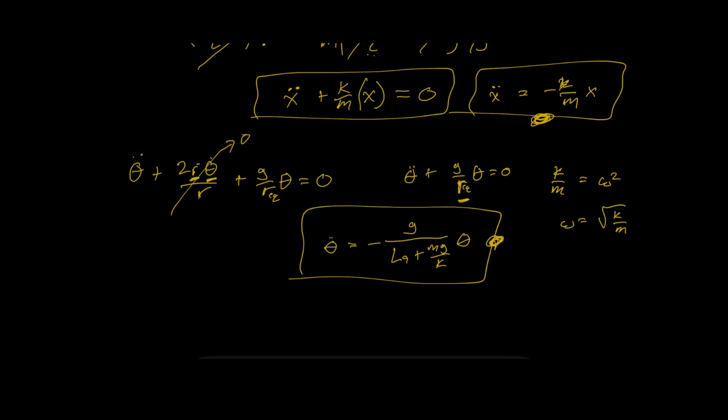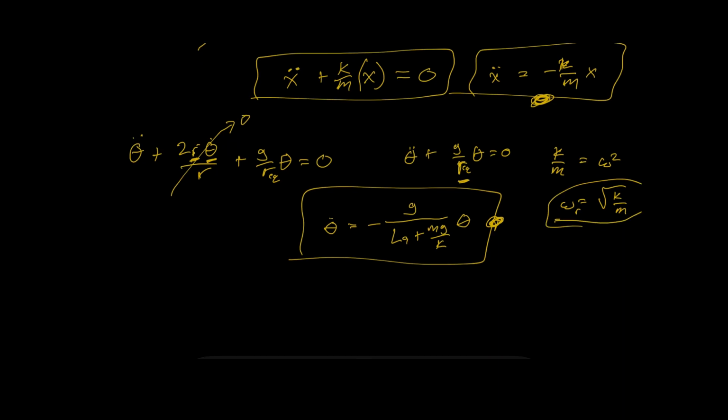And this is our radial oscillation, like a normal spring. That's our angular frequency. And then this one here, omega sub theta, the frequency of that is the square root of g over (LA, or whatever length, plus mg over k). And there you go. That's what we retrieved from doing our small estimations.